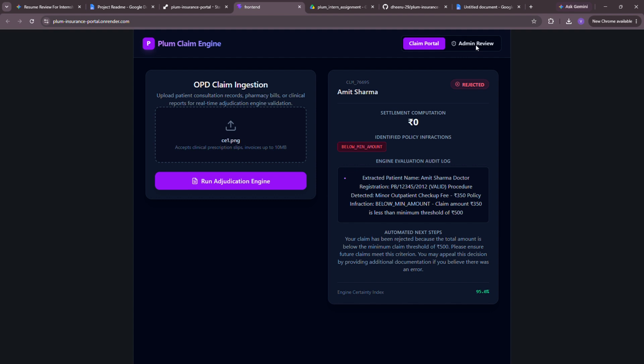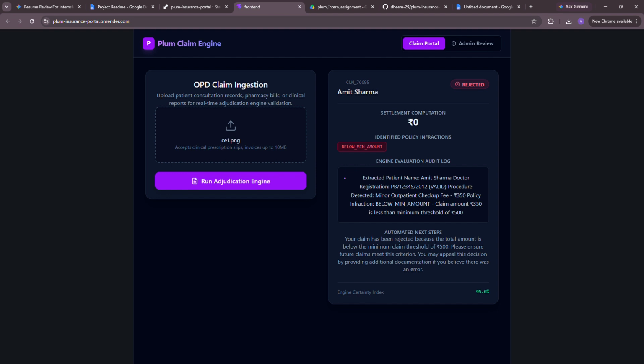See, we did get the output. As you can see, from the file it extracted the name Amit Sharma. The settlement computation it gave here is zero, and the infractions and the policy were below minimum amount. So this is the audit log. It extracted patient name Amit Sharma, registration, all of that, the dates, the procedure, the fee, everything is given.